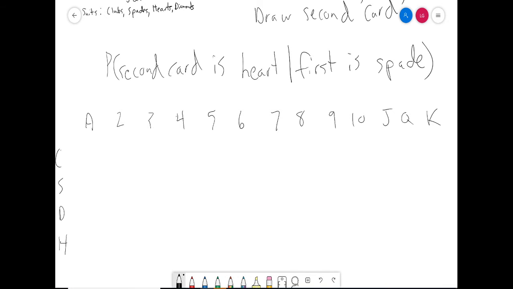We can, for example, talk about the 6 of spades. We can talk about any of the 52 cards that occur at the intersection of value and suit.